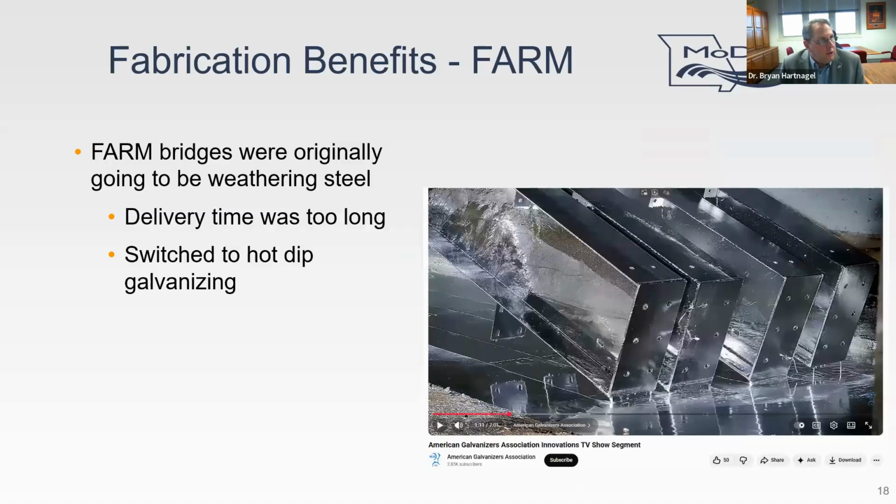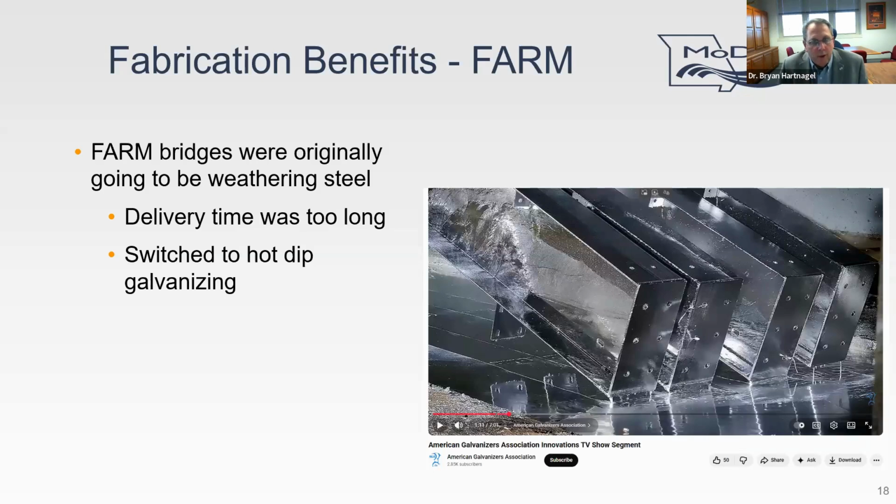So the farm bridges were originally going to be weathering steel, but from what I understand, the weathering steel was not available at a steel service center, and they would have needed to get these in a rolling schedule from the mill. And so that was going to take too long for the delivery time.